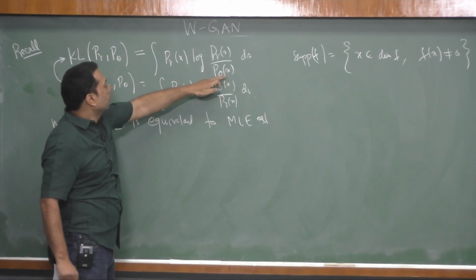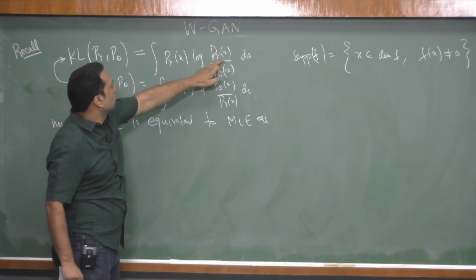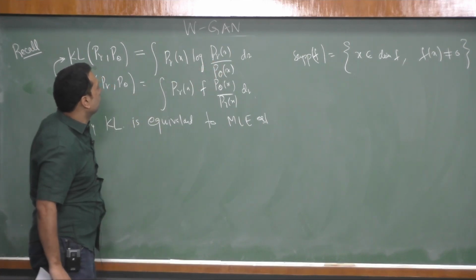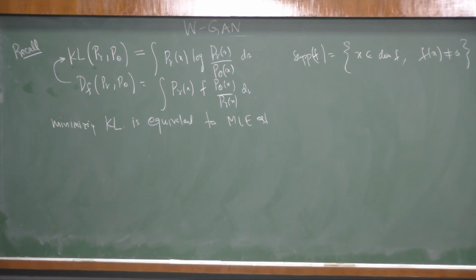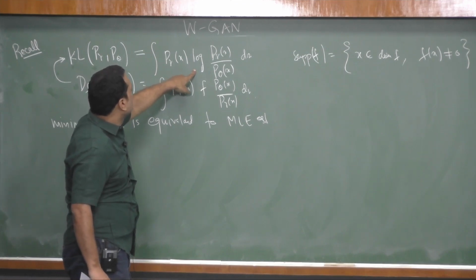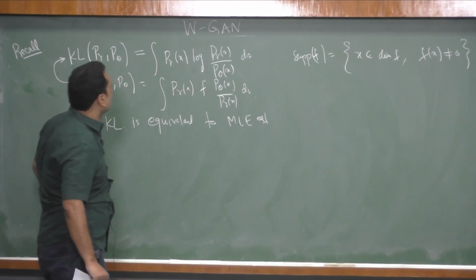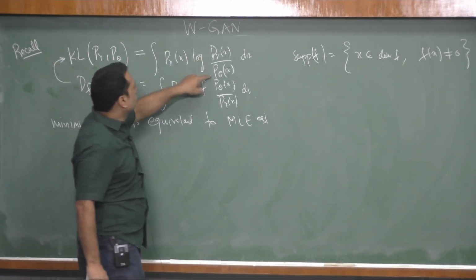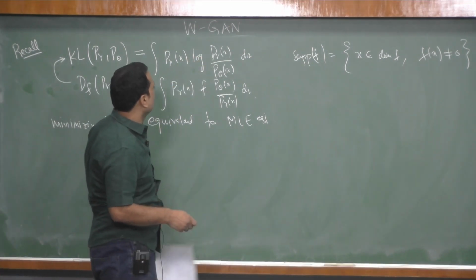If this becomes 0 for an x for which the other is non-zero, then it's not defined, because then we have log of infinity. Log of 0 is also not defined. So there are clearly problems where both distributions may not match.